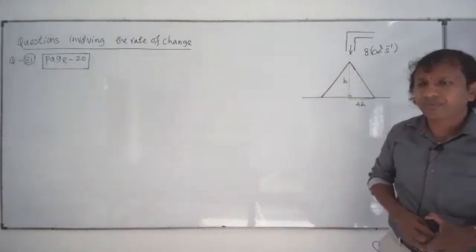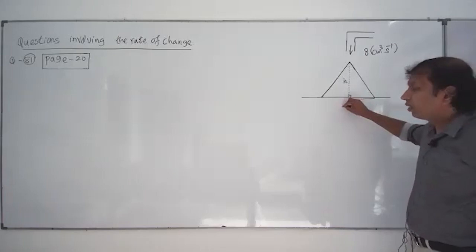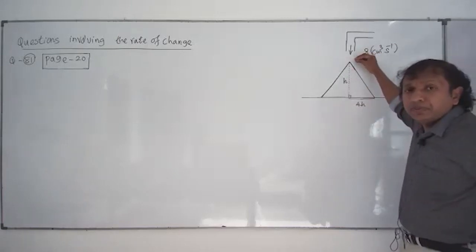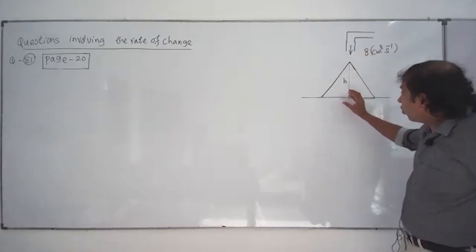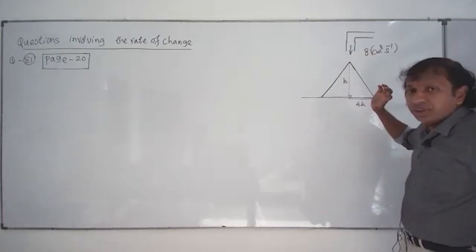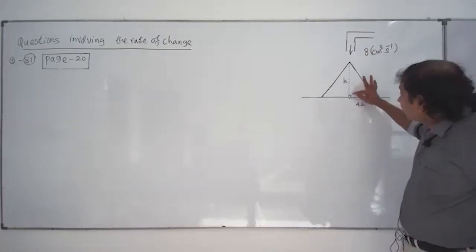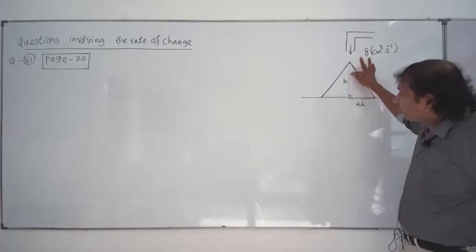Now, people, what happens here really? Initially, there is no sand on the ground. Once the pipe begins to pour like this, the sand cone forms on the ground. With time, the height of the sand cone increases.